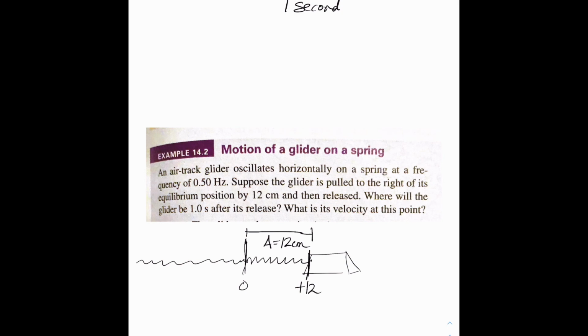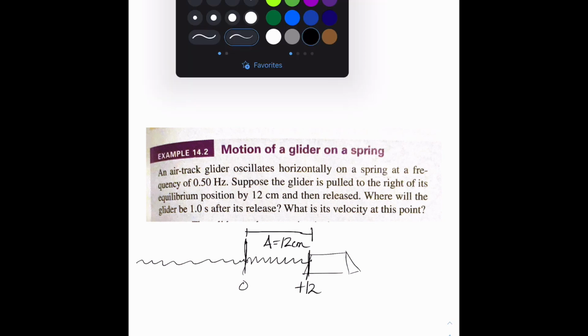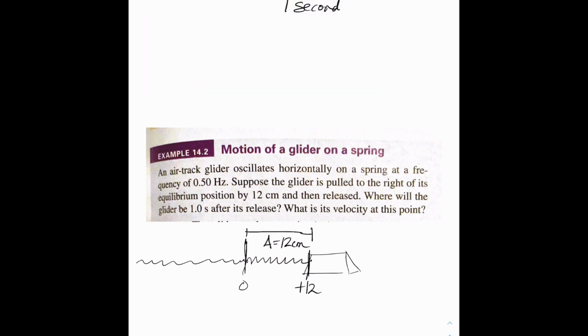So 1 second after it's released, we can see just by looking at the frequency up here that it will travel 0.5 cycles in 1 second. So a cycle, if I switch colors here to maybe green, is just there and back.